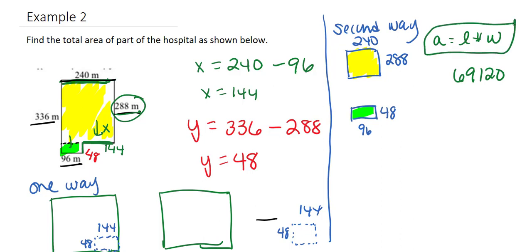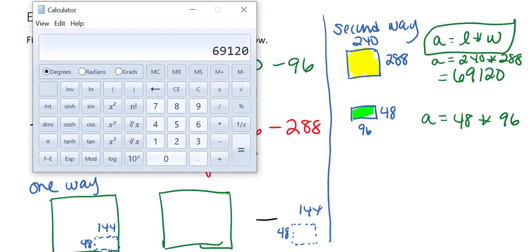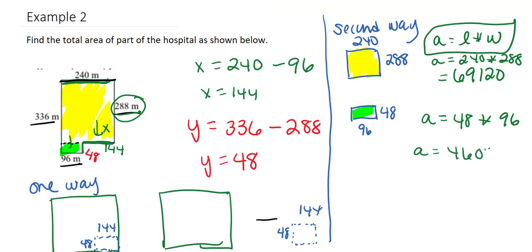And so this is how we find the area of two rectangles. This is the area of the first one: 240 times 288. Then the area of the second one is going to be 48 times 96, and we got 4,608. Also, this is all in meters, so this is meters squared, and this is also meters squared.